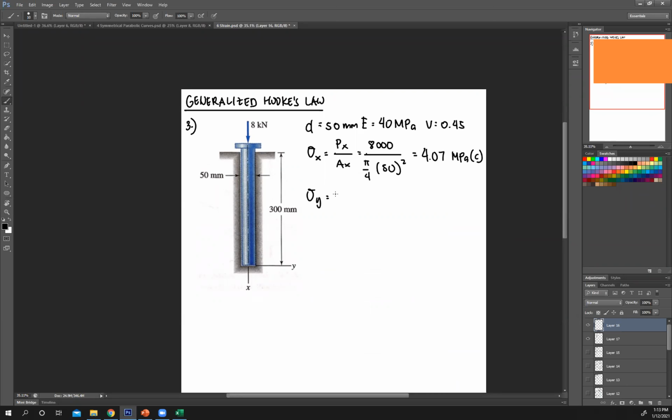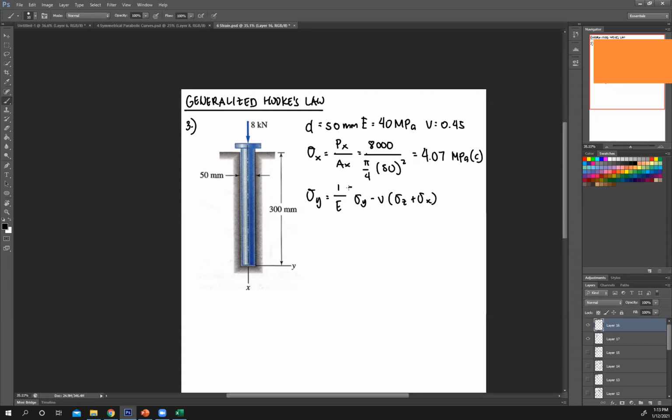So for stress along the y, strain is 1 over E. We can't use this equation since there's no force along the y direction. Instead, we'll use this equation for triaxial loading: 1 over E times stress in y minus v times stress in z plus stress in x.